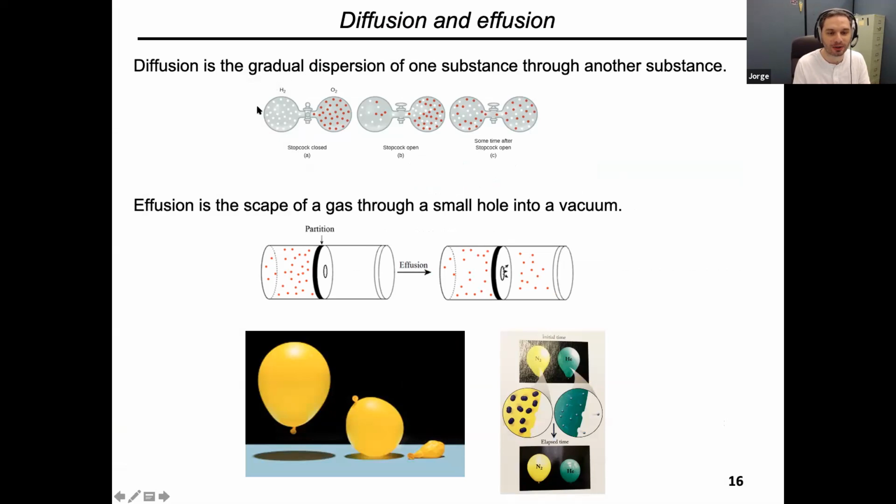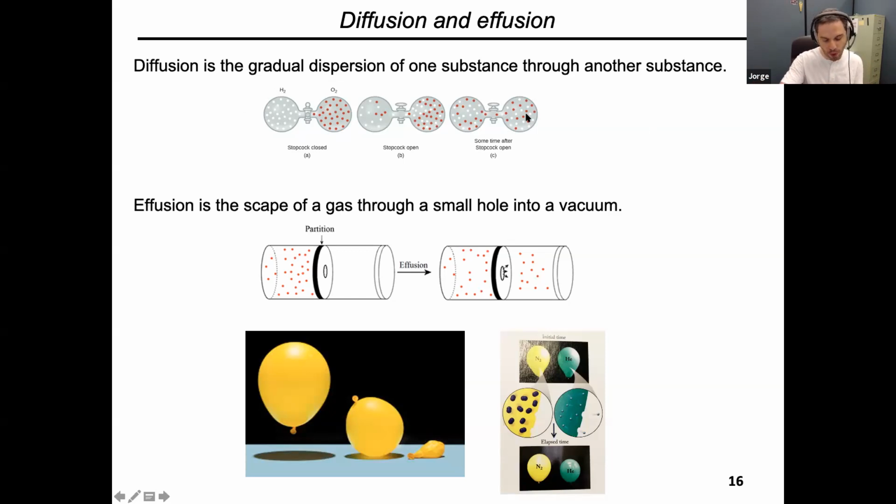Here we have two flasks, one with hydrogen and another with oxygen at different pressures. When we open the stopcock, one gas is going to disperse in the other gas. That's the main characteristic of diffusion: one gas disperses into another gas until they reach equilibrium.